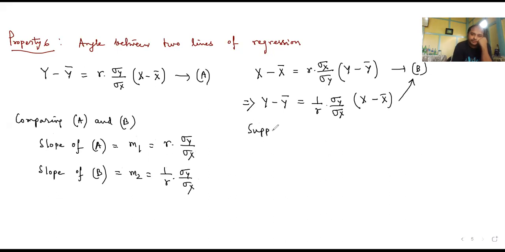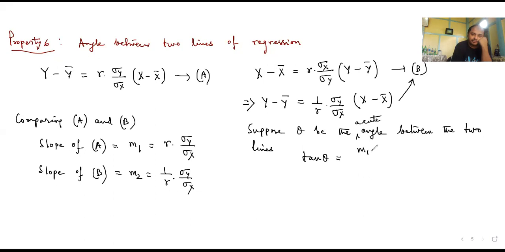Suppose theta is the angle between the two lines. Then you know already that, considering the acute angle between the two lines, tan theta is equal to modulus of m1 minus m2 by 1 plus m1 m2.